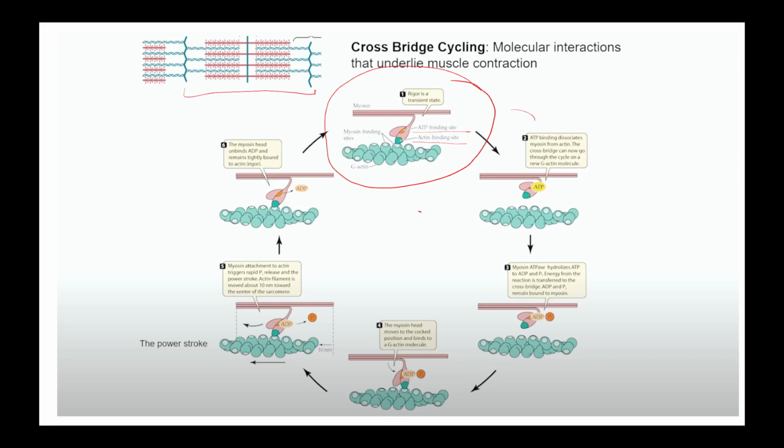The actin filament is moved about 10 nanometers towards the center of the sarcomere by the slight movement. Then the myosin head releases ADP, and remains tightly bound to the actin, which is again called a rigor state.